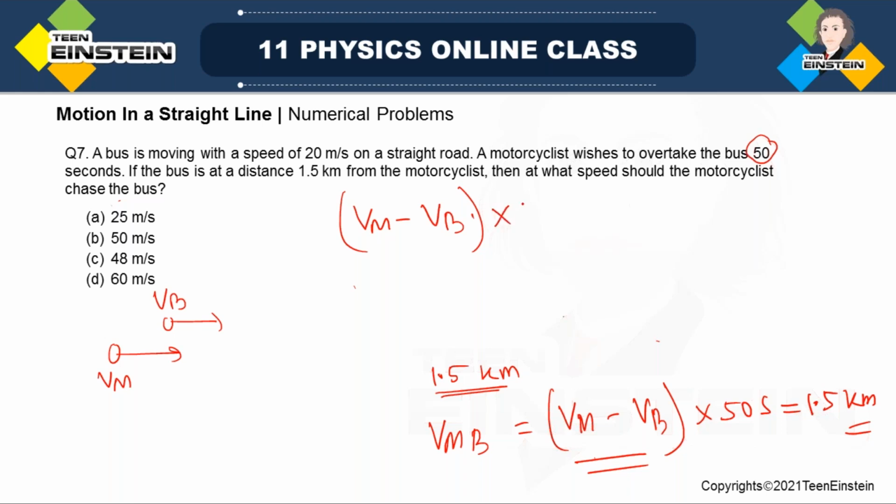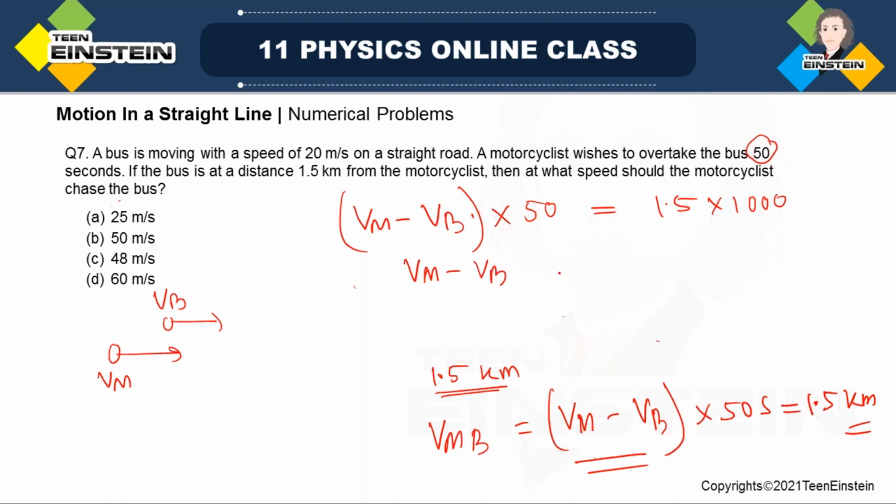With this relative velocity, if he wishes to overtake the bus in 50 seconds, then relative velocity into 50 seconds has to be 1.5 kilometer at least. Then only it can cover. So I'll multiply with 1000.